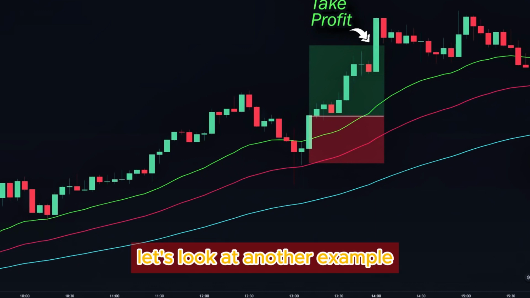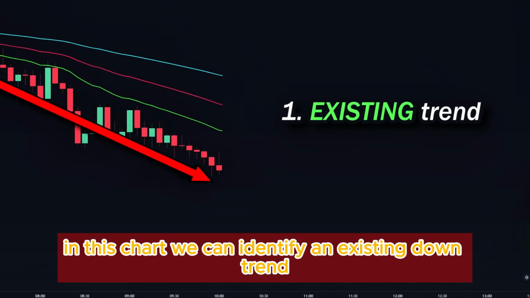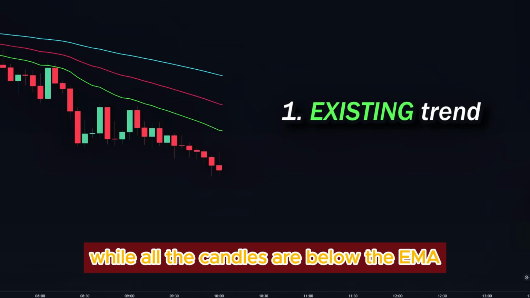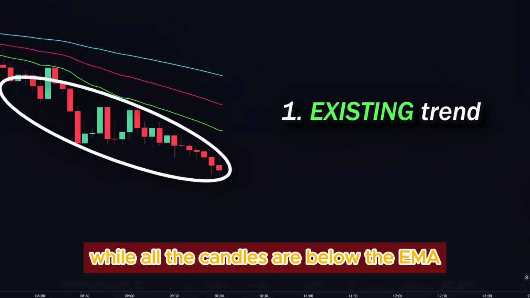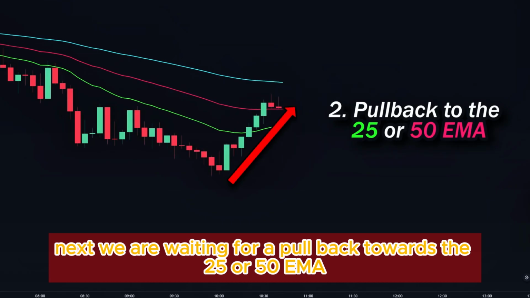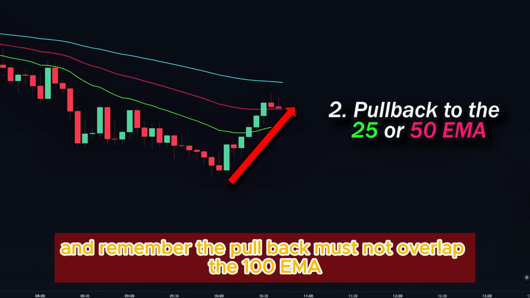Let's look at another example. In this chart, we can identify an existing downtrend, as shown by all three EMA heading downwards, while all the candles are below the EMA. Next, we're waiting for a pullback towards the 25 or 50 EMA. And remember, the pullback must not overlap the 100 EMA.